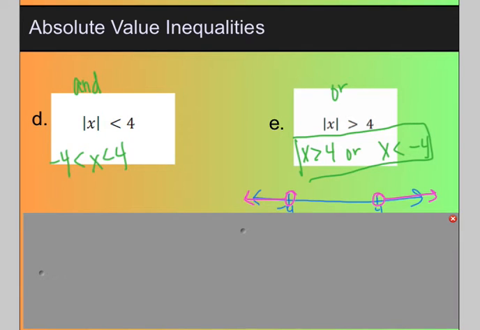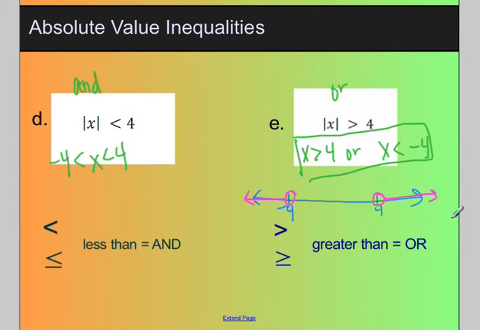Okay, and here are some little tips to help you remember. If it's a less than, think about less than equals, and I think "than" kind of sounds like "and." So if you have a less than or equal to sign, it's going to be an and statement. Here's the easier part. Greater, I think about it, is an or statement.